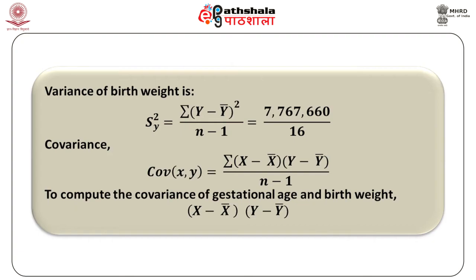Next, we compute the covariance of x and y, which is equivalent to summation x minus x bar multiplied by y minus y bar divided by n minus 1. To compute the covariance of gestational age and birth weight, we need to multiply the deviation from the mean gestational age by the deviation from the mean birth weight for each participant, that is, x minus x bar multiplied by y minus y bar.